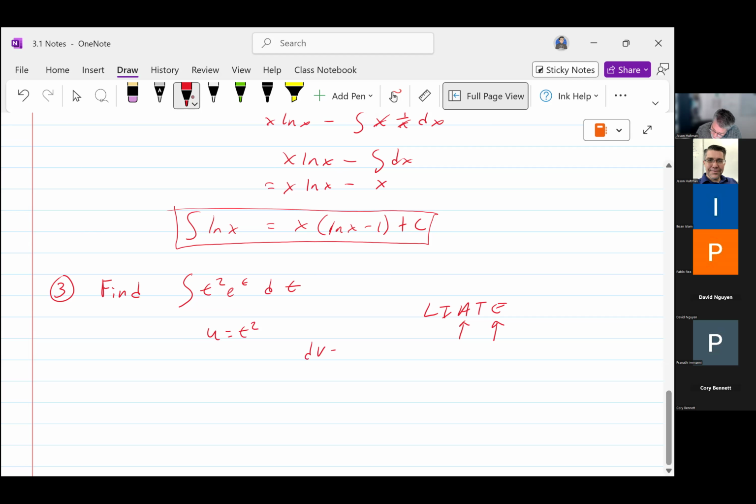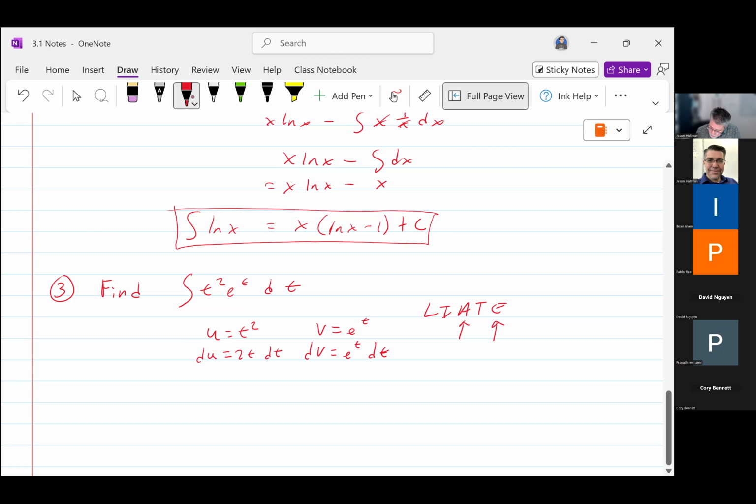And the dv, e to the t dt. Make sure you put that dt there. It goes along with it. Okay, what's the integral of e to the t? e to the t, itself, exactly. And the derivative of t squared is 2t dt.